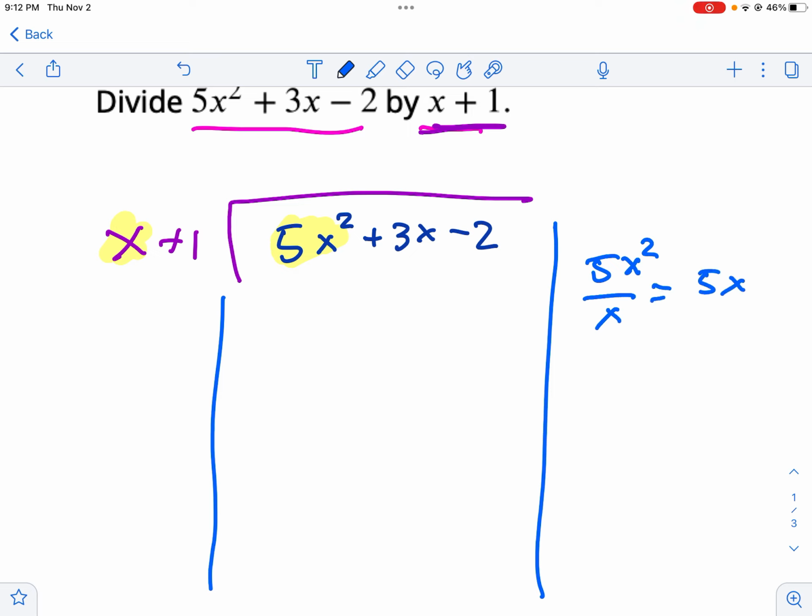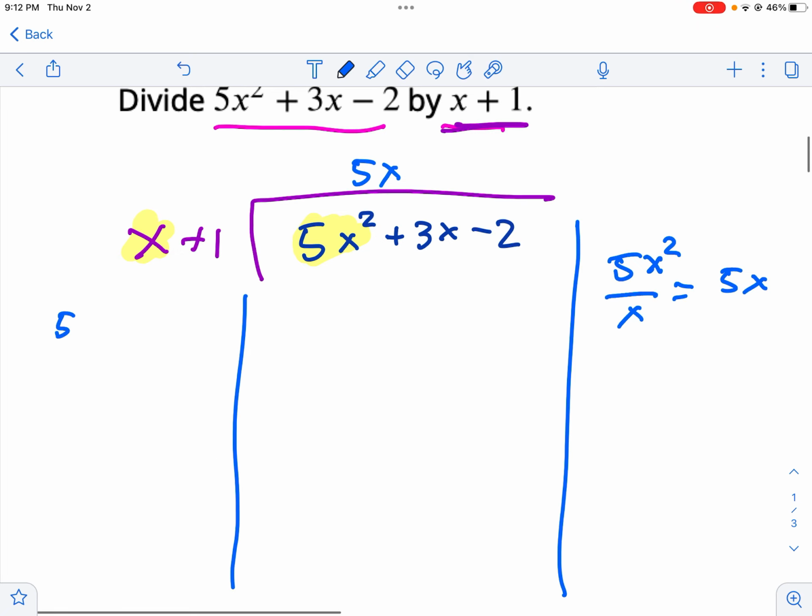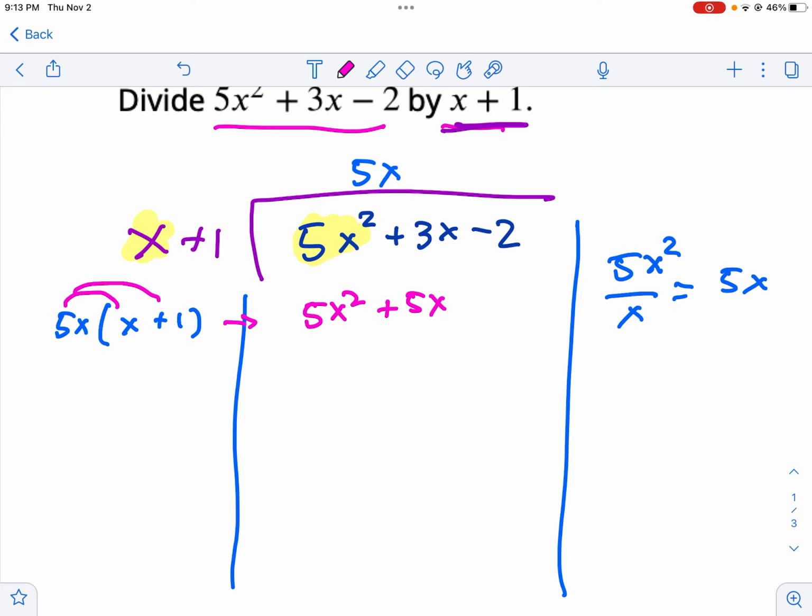That tells me that the first part of my answer is going to be 5x. And then I'm going to use that 5x and distribute it to my original divisor. And I get 5x squared plus 5x. I'm just distributing and putting it here.